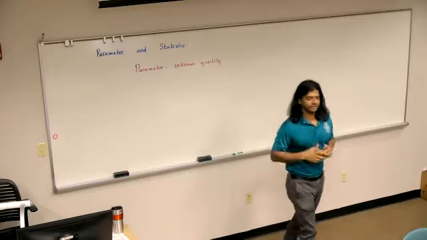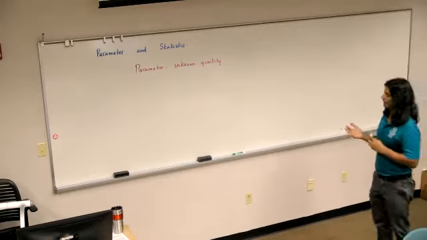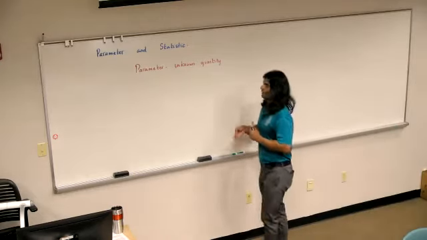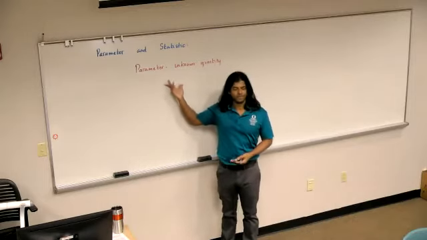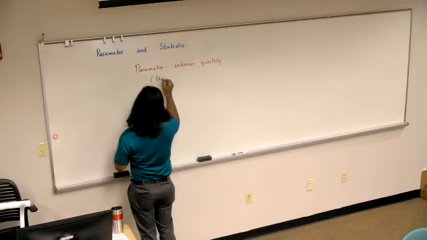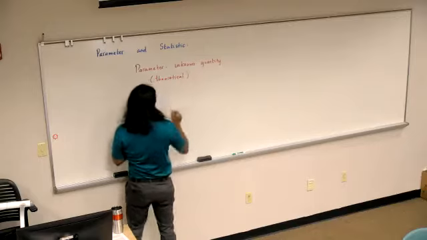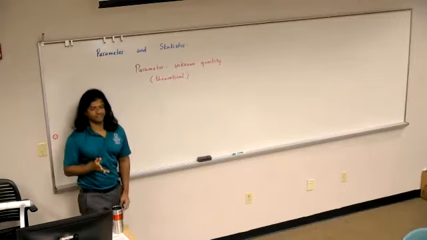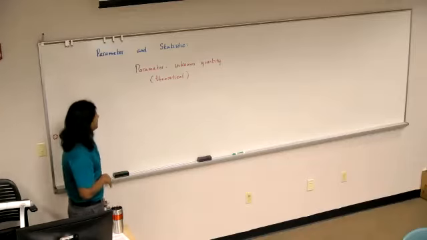All theoretical stuff that we do in terms of derivations and methodology is always based on parameters. So it's purely theoretical. And why is it theoretical? Because it is not known.